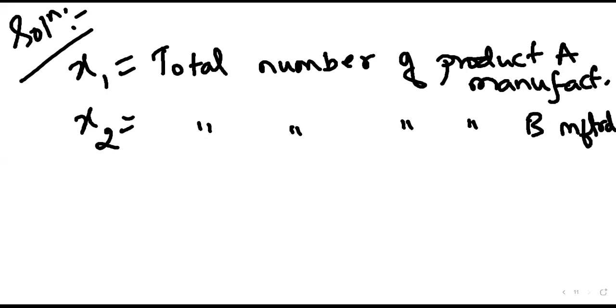Okay, x1 is nothing but the total number of product A manufactured, and x2 is the total number of product B manufactured.